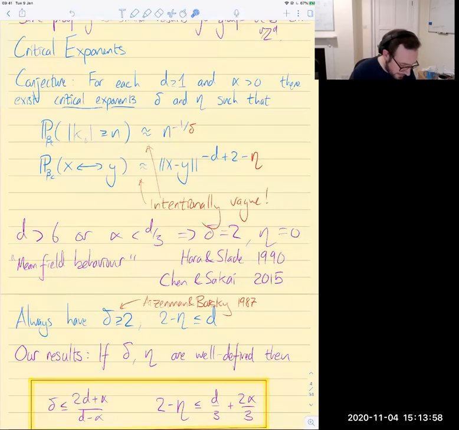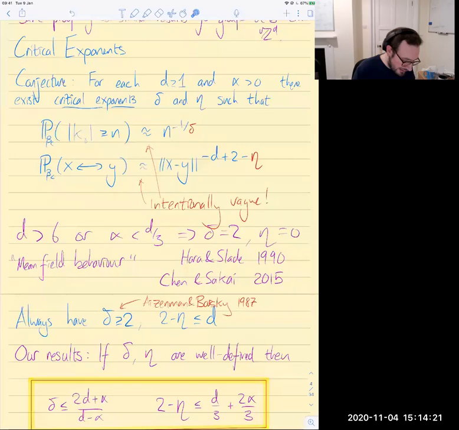Delta describes the distribution of the volume of the cluster of the origin at criticality. So it's supposed to be like this power law. These notations are traditional, but they're a bit strange sometimes. Delta should not be thought of as a small number. It's always bigger than 2, in fact.